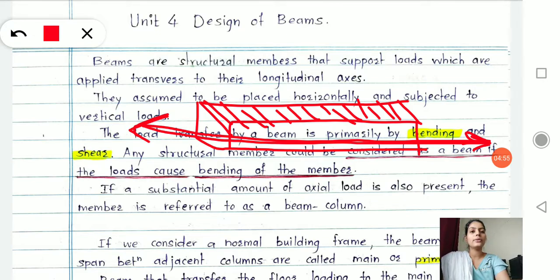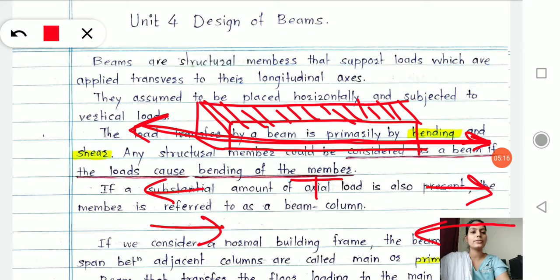If the load is in this direction, which is pulling out the fibers of our member, then that kind of force is called tension, and we understood how to design a tension member. Then if the forces at these ends are like this, which is compression, then we also understood how to design a compression member from the second unit.